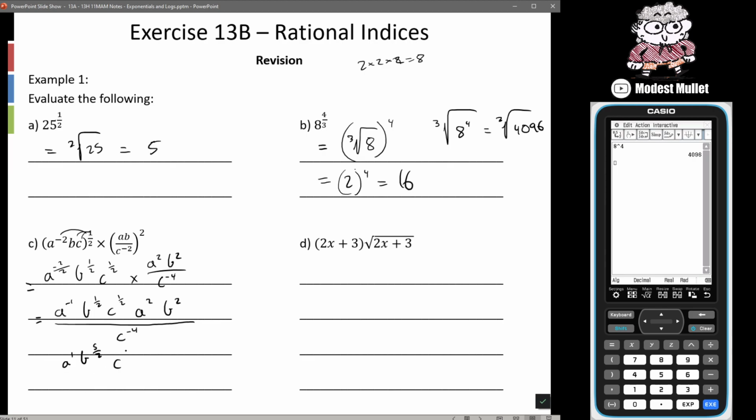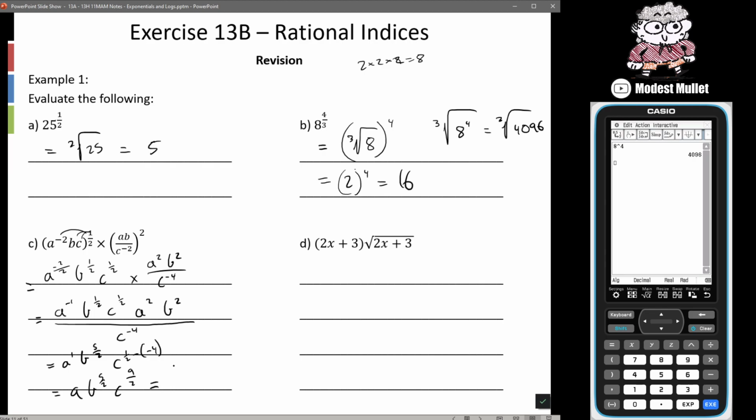That would actually be c to the half, take away the -4, because we're dividing by the negative. So that's going to be a b to the 5 on 2. Take away, that's going to be 4.5. So that's c to, what's 4.5? 9 on 2. That's 9. Yes.